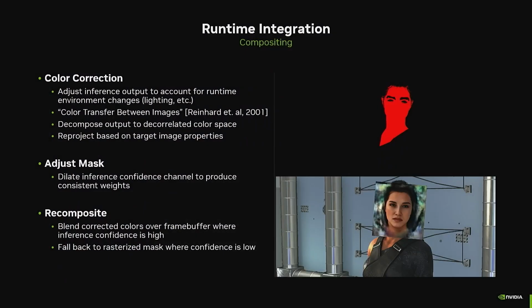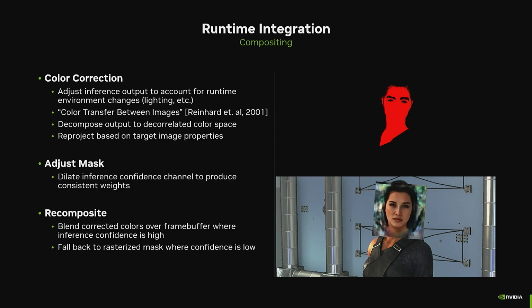We found that mostly goes away using a very classic color correction algorithm. It's the color transfer between images technique from Reinhard et al., 2001. All we really do is project the color data into a decorrelated color space using a matrix transform. We build some local statistics around each pixel, and then we do the compositing.